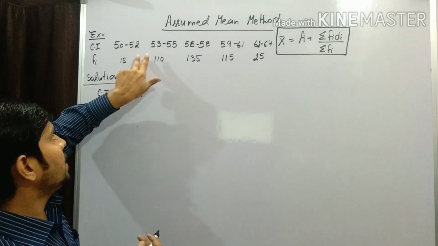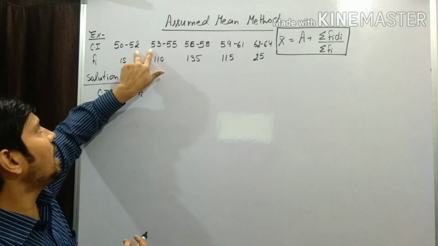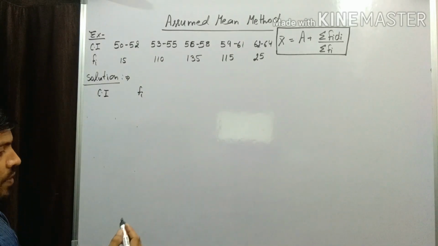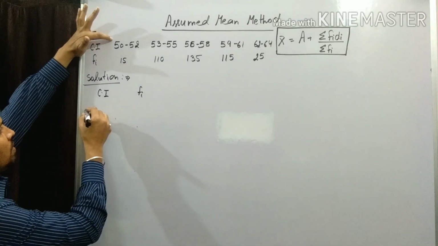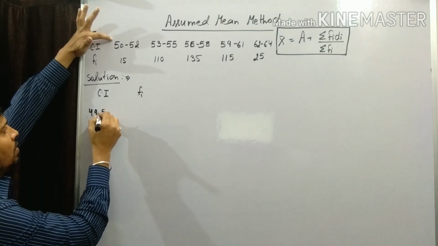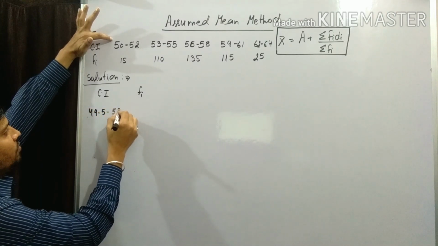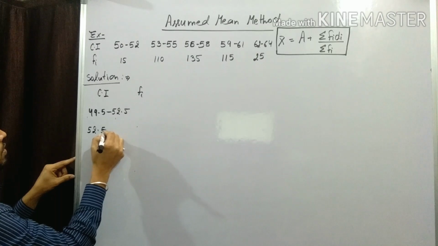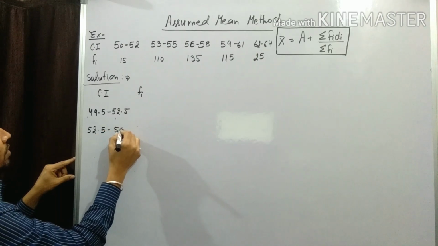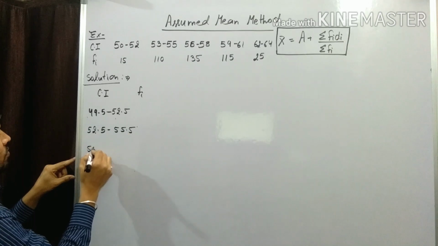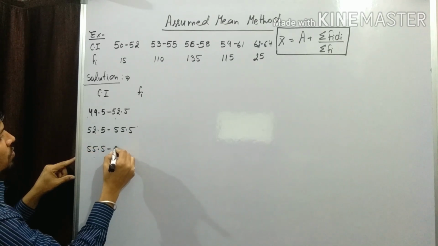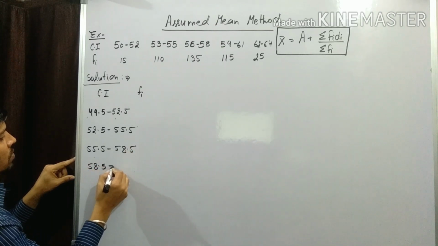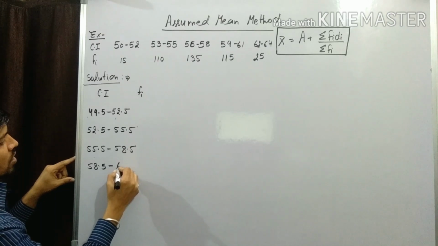First of all, we take the difference of these two. The difference is 1. We will add and subtract 0.5 in the upper and lower limit respectively. Then the class interval will be 49.5 to 52.5, 52.5 to 55.5, 55.5 to 58.5, 58.5 to 61.5.